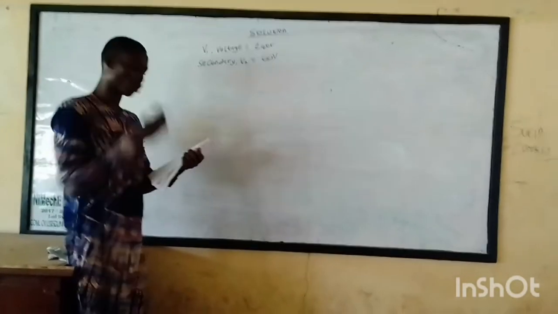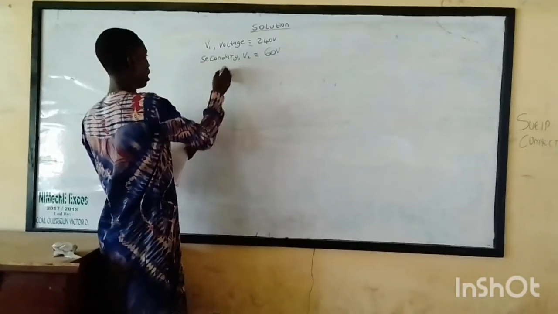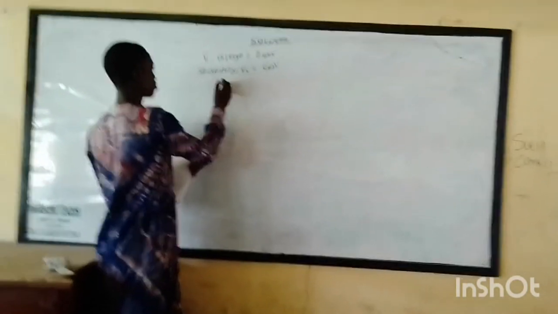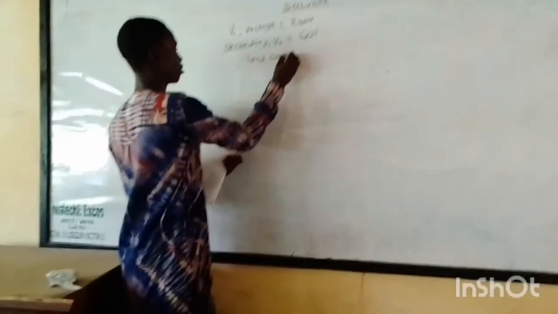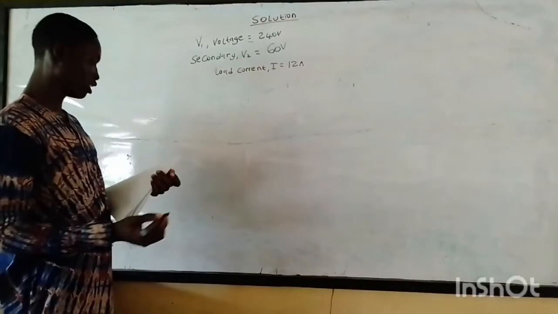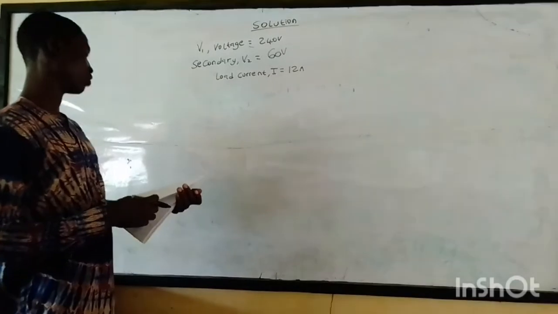Now, with a load current of 12 ampere, we have the load current to be 12 ampere. Now calculate the two currents and show the direction of current and voltage.